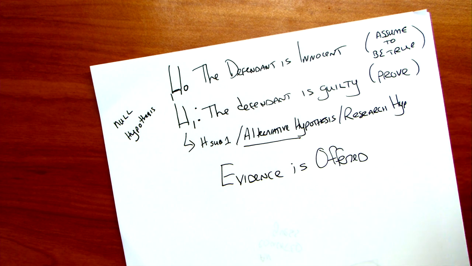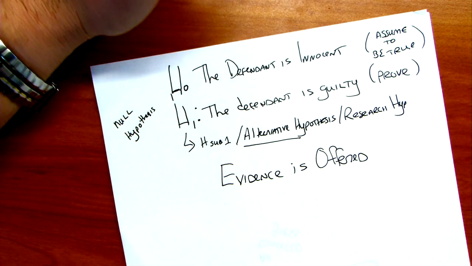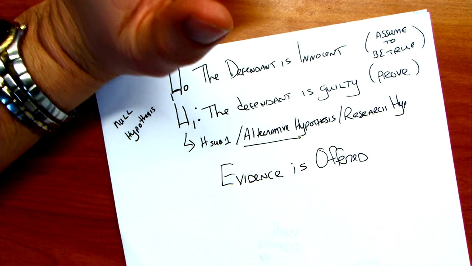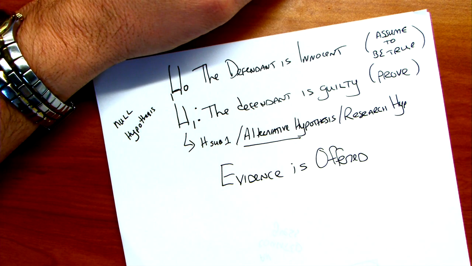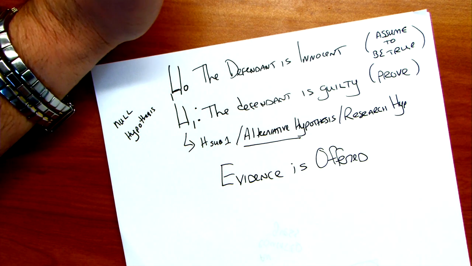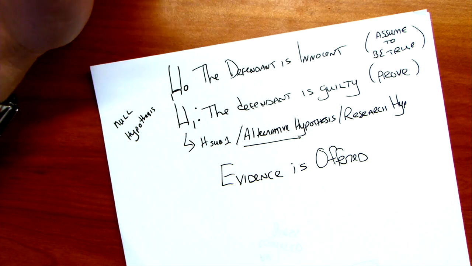Murder weapons, all those things. That is evidence that is presented. Right? In a statistical hypothesis test, what do you think the evidence is going to be? Not bloody gloves. What is the statistical evidence going to be? What do you think? We're going to take samples, right? And that sample is evidence, right?